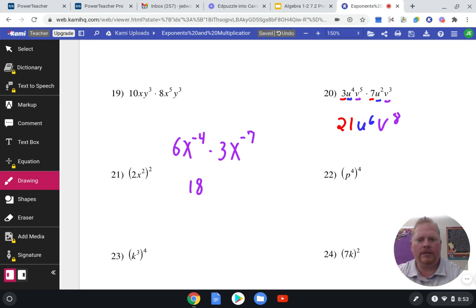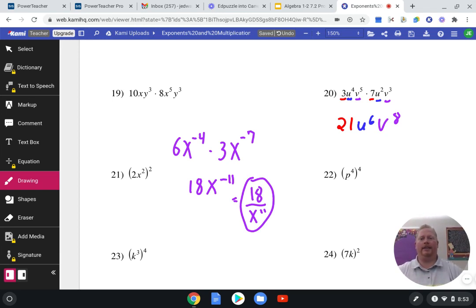Add up my exponents, and I get x to the negative 11th. But if you recall, negative exponents can't stay negative. We have to change them to positive exponents. So that x to the 11th is going to move to the denominator. But that 18 does not have a negative exponent on it, so it can stay up in the numerator. And there's my final answer for that one.